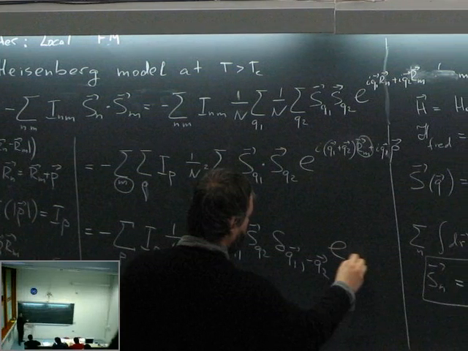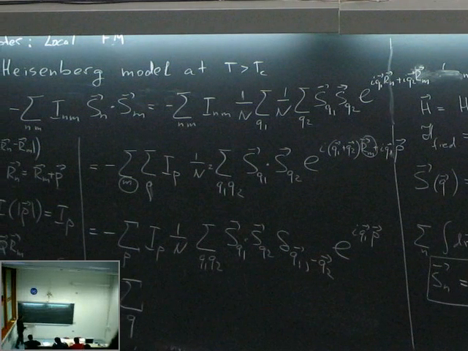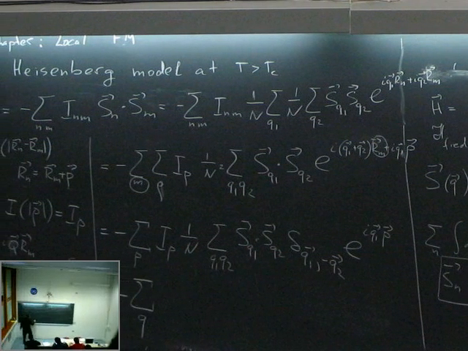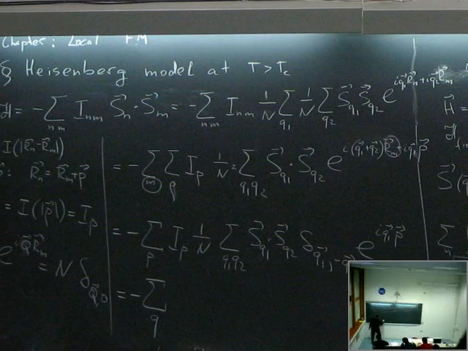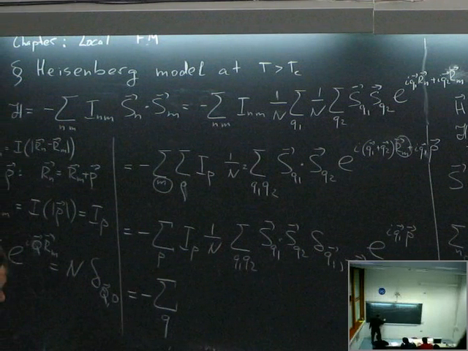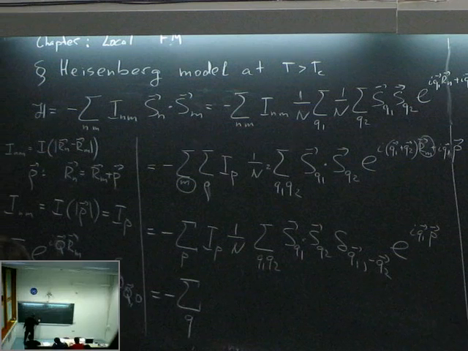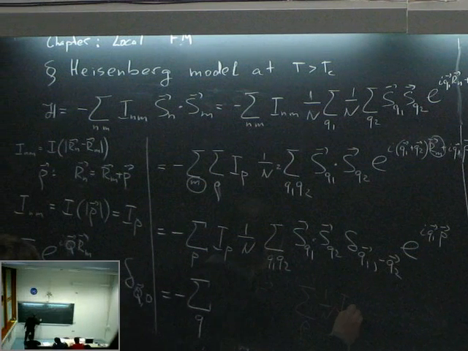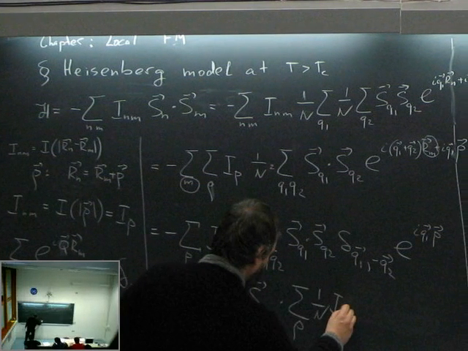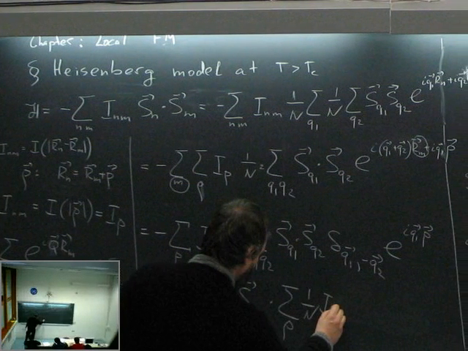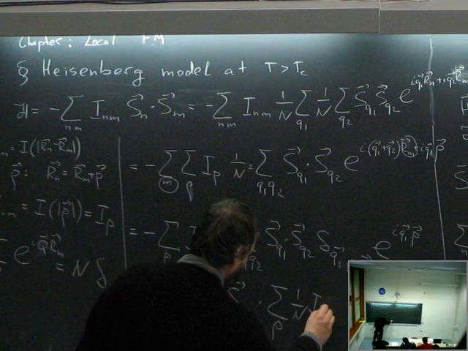I will denote q1, q2 equal to q. Then it will be S_q dot S_minus q, and here times the sum over rho of 1 over N I(rho) e to the power i q rho.